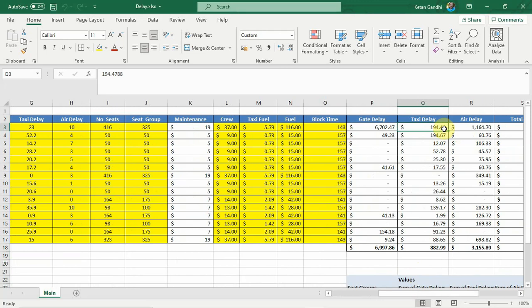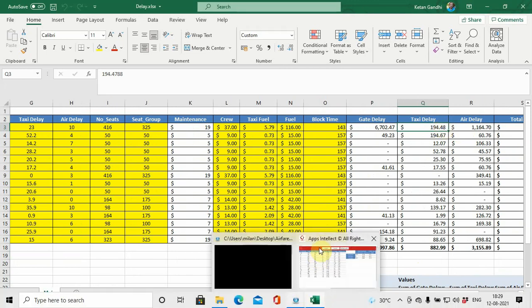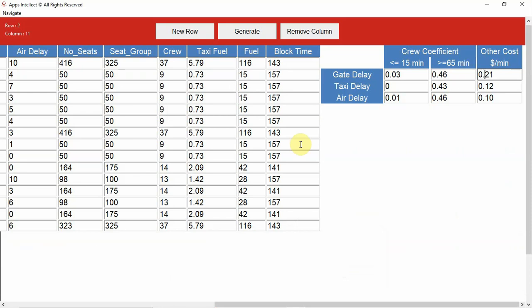Now the taxi delay calculation is done similarly, but here we'll take the fuel into consideration also. When we took the gate delay, it did not have the fuel parameter to be calculated. It was just the crew cost, the coefficient of crew and the other cost.